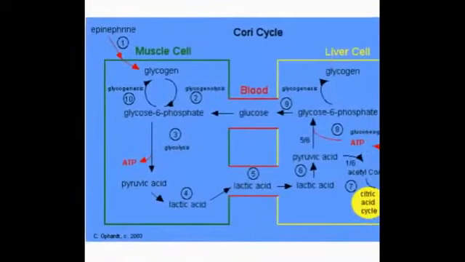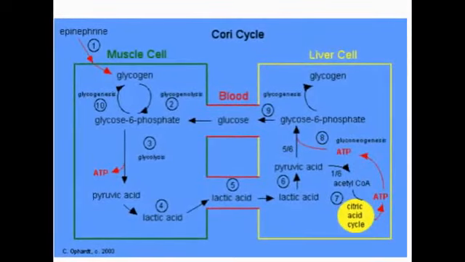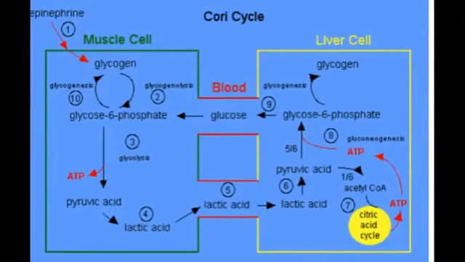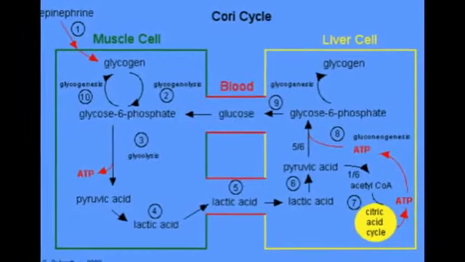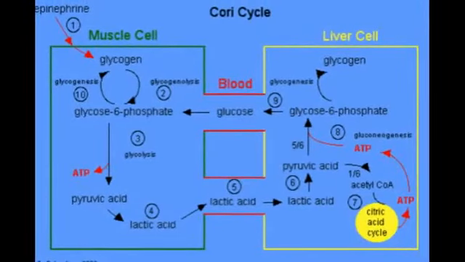Also on the right side of that slide you see the Cori cycle. The Cori cycle represents what happens when we need to store some material, in this case glucose, which we store in the liver, as I explained in the function of the liver.